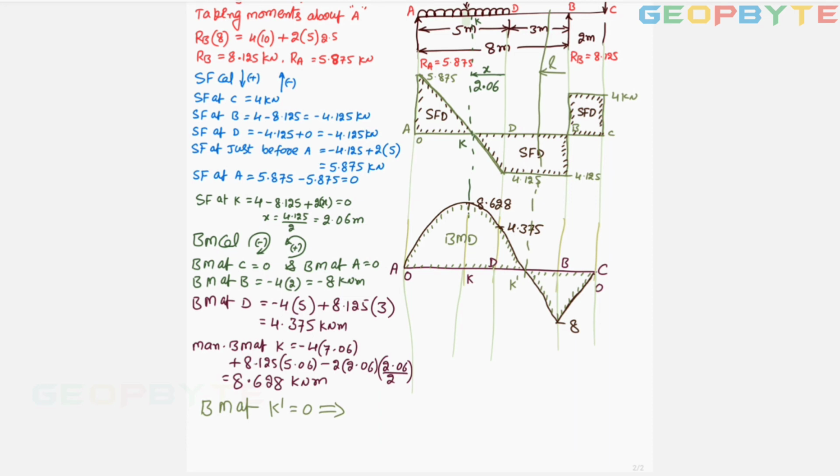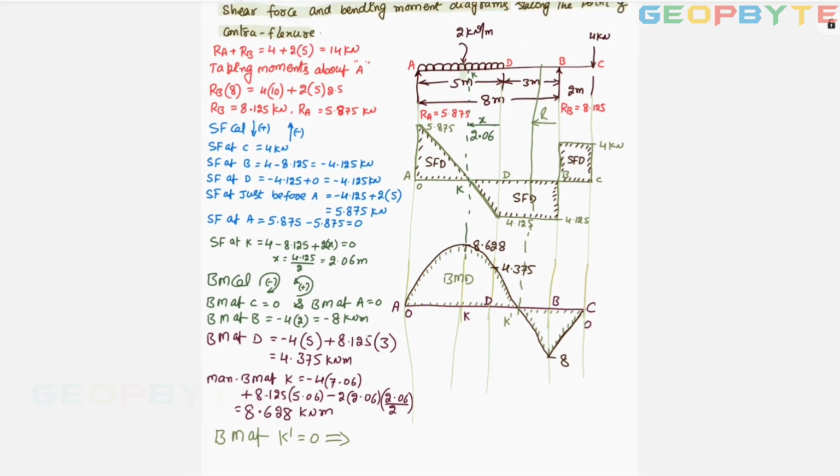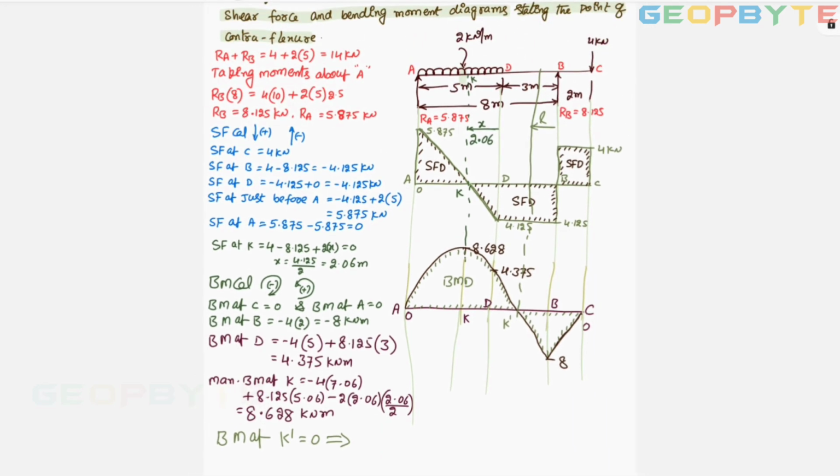The bending moment is maximum where the shear force diagram changes its sign from negative to positive. But bending moment is 0 at the point of contraflexure at K dash. That is at a distance of L from B. Let us find the bending moment at K dash.